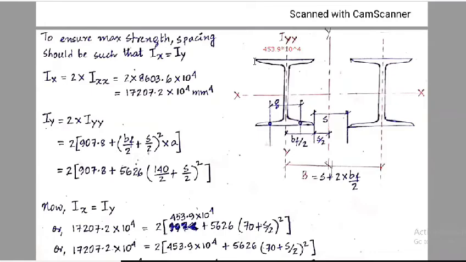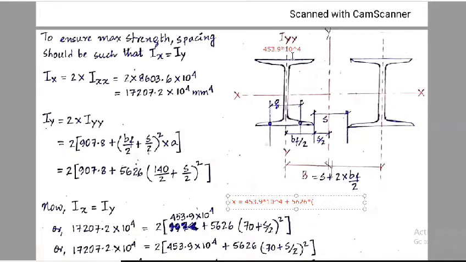So in order to calculate the moment of inertia about this axis, we can write it as Ix, I'm writing it as small x. This will be equal to the moment of inertia about this axis, that is 453.9 into 10 to the power 4, plus the area of this I-beam, that is 5626 millimeter square, into the distance between these two axes.